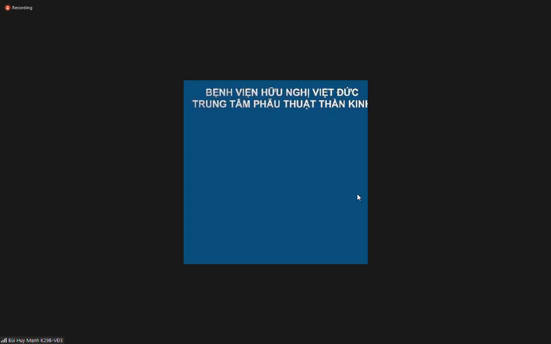With the anterior approach, we also have some techniques, ACDF or ACCF or ACAF. It depends on the image we see.